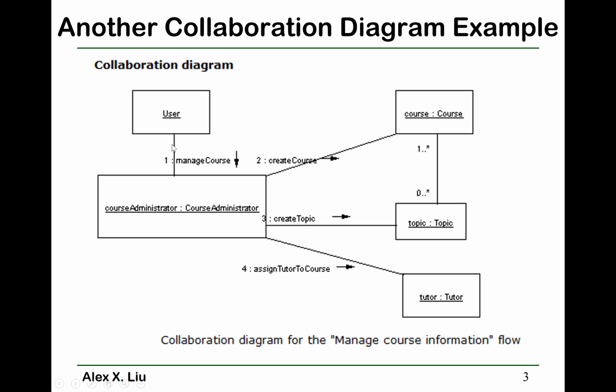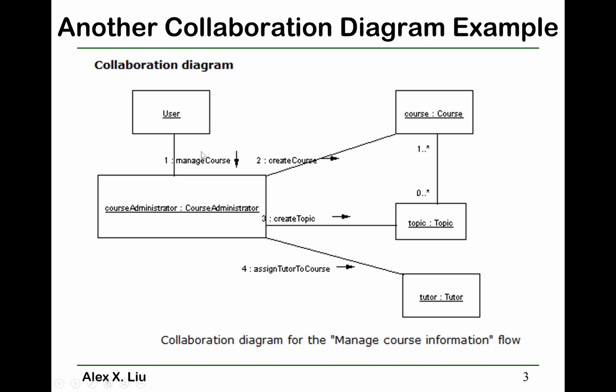So the first message is from the user sent to the course administrator object, say manage course, and the second message is that the course administrator object sends a message to create a course for the course object. And the third message is that the course administrator calls the topic object, say create topics. And the fourth message is from the course administrator to the tutor, to assign tutor to the course.